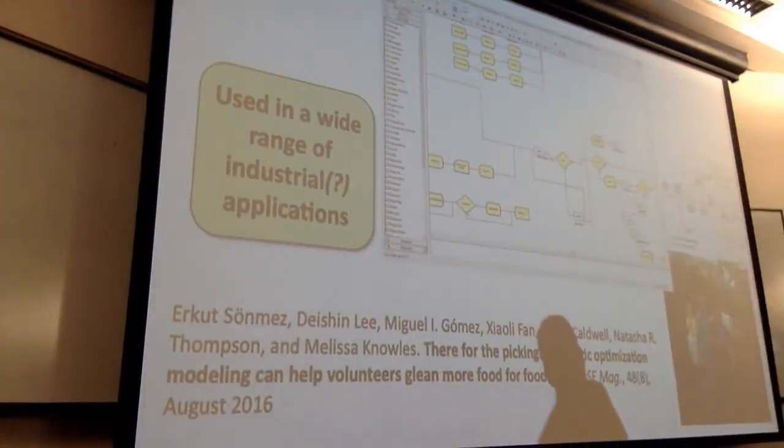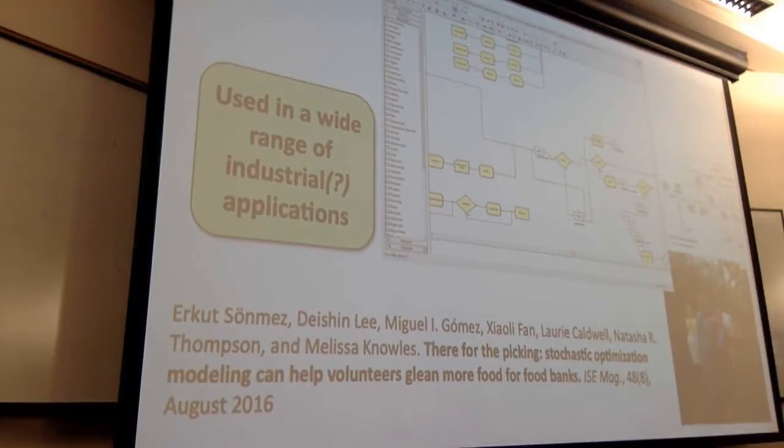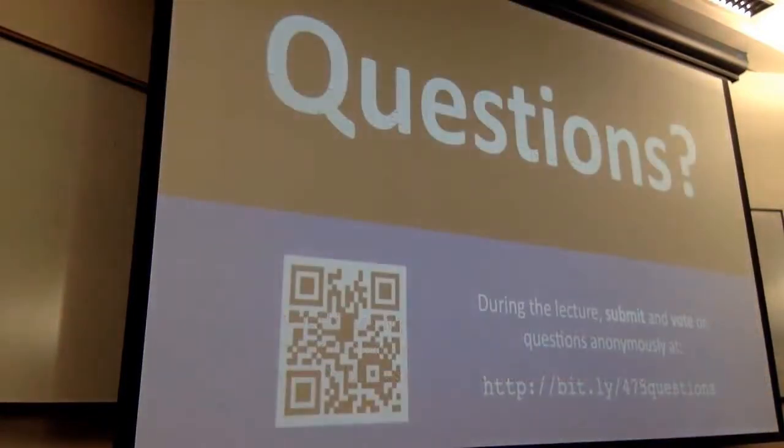They used Arena to adjust how they managed their volunteers in the way in which they went out to these farmers who had these extra apples to pick. And so they wanted to maximize the yield from this. They optimized their operations through a simulation model and greatly increased the number of apples that they were able to gather for this food bank. And so that's an example of the other sorts of things that you can do in Arena.